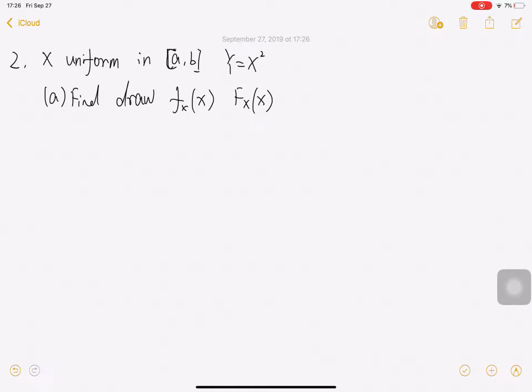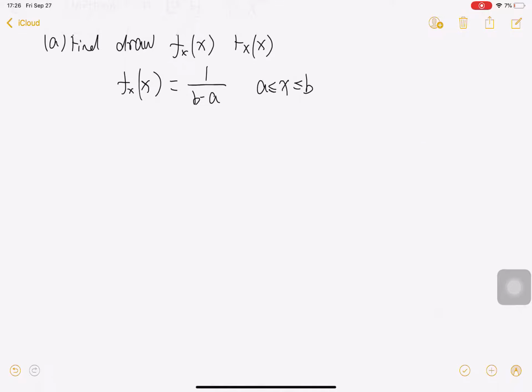For the probability mass function, since x is uniform in A and B, it is very easy. It should be 1 over B minus A, where A is smaller than x and B is larger than x. And the probability density function is also easy.